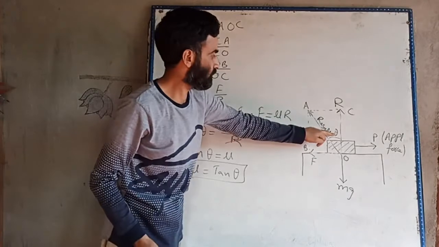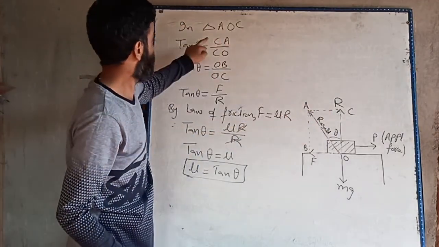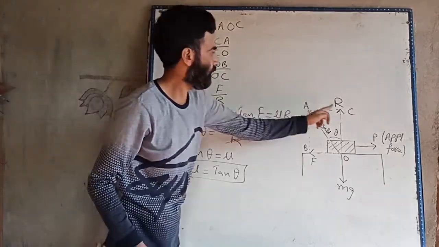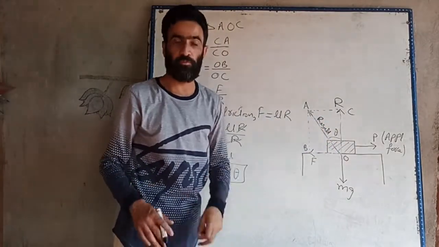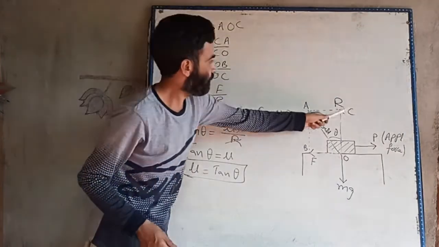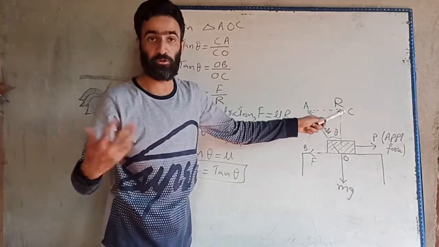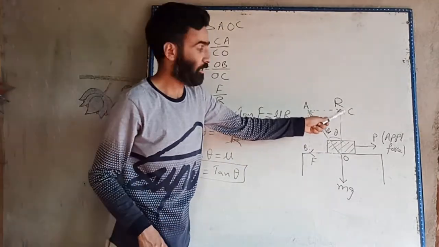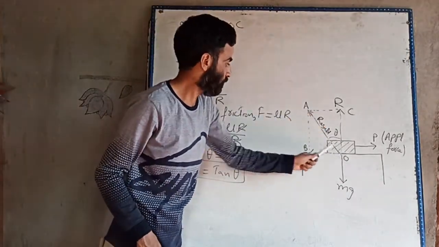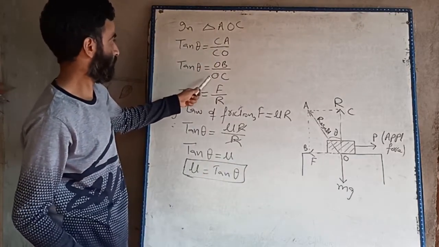Here the perpendicular is the side opposite to the angle, meaning it is CA. Since in a parallelogram opposite sides are of the same length, CA is equal to OB, so CA can be replaced by OB.